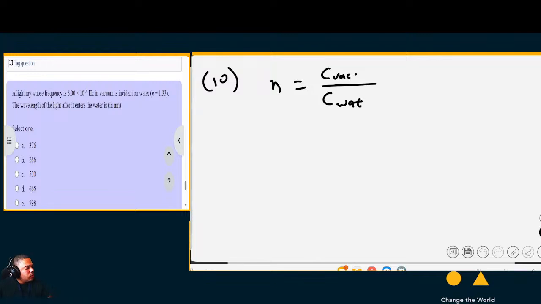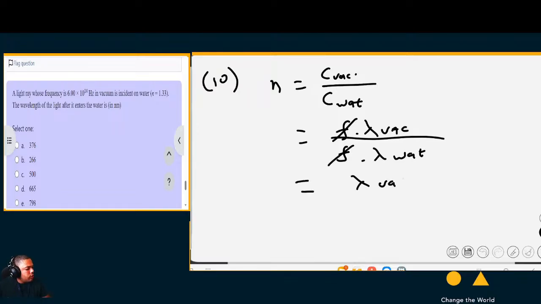Now, what is speed? It is nothing but the frequency multiplied by the wavelength in a vacuum, over the frequency multiplied by the wavelength in the water. Now, the oscillation frequency of this light does not change. Therefore, the wavelength in a vacuum over the wavelength in the water will give you the refractive index.